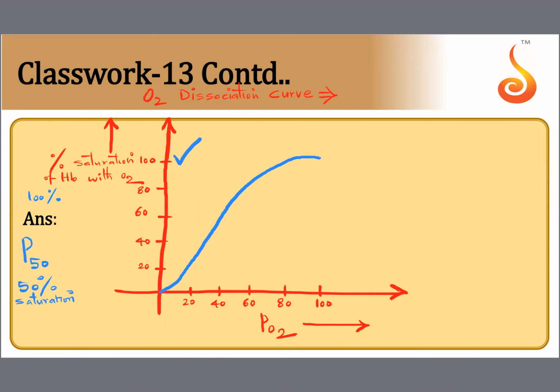So 50% oxygen is bound to hemoglobin, 50% oxygen is given away to the tissues. So this is what saturation means. 100% saturation means all the hemoglobin molecules have oxygen bound to them. 50% saturation means 50% of them have oxygen attached, 50% have decided to give away the oxygen.